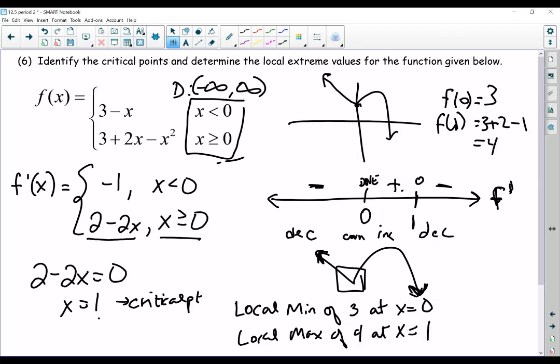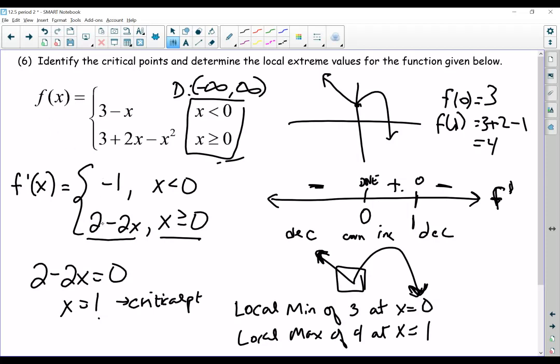Okay, so let me go through this process again and just kind of summarize what we did here. Since this was a piecewise function, first I checked to see if it was continuous. I plugged in 3 into each equation. I plugged in 0 into each equation, got 3 out, so I knew we had a continuous function. So what I had to do was look at where the derivative is 0 and where the derivative is undefined.